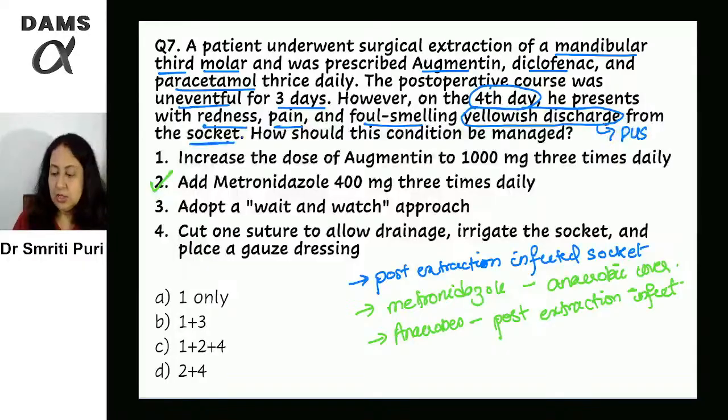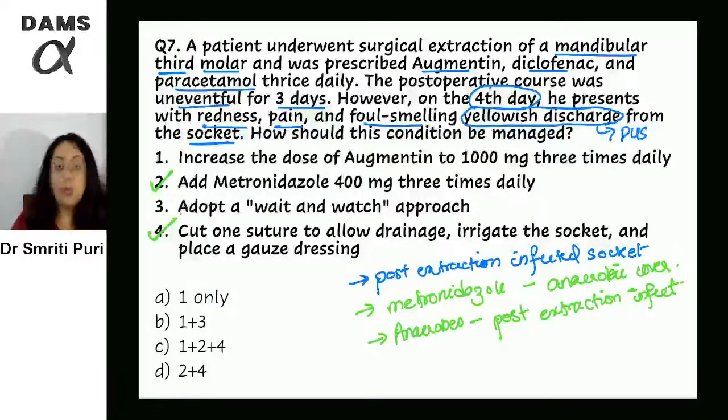Adopt a wait and watch policy. No, it is already draining pus, and there are chances that it will go into a space infection. Option 4, cut one suture, allow drainage, irrigate the socket and place a gauze dressing. Yes, you will do this.